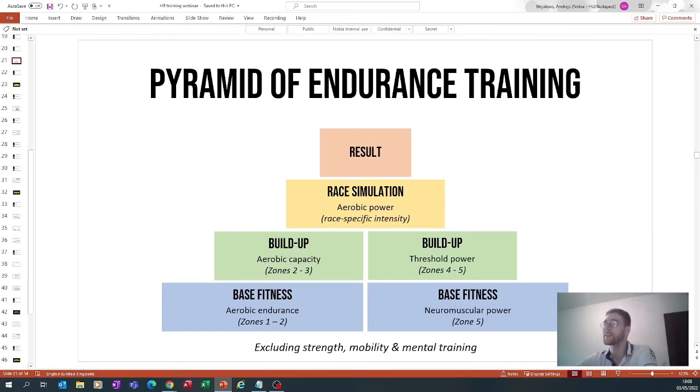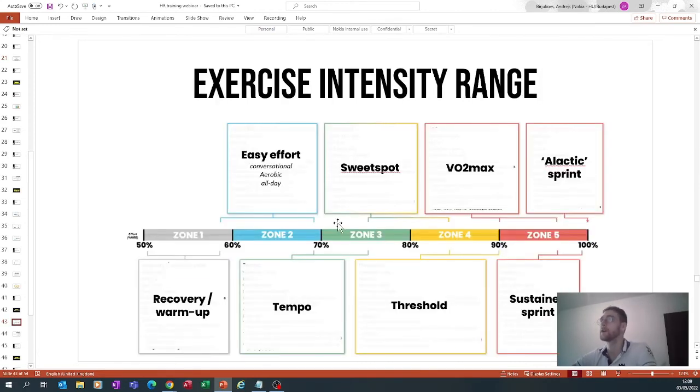I need to do some sprints in order to activate more muscle fibers and teach the body to utilize more muscle fibers. Then as I'm done with these base periods, I can go into building my aerobic capacity and threshold power. As you can see here, these are zones 2, 3, 4, and a little bit of 5. So again, I select from here.